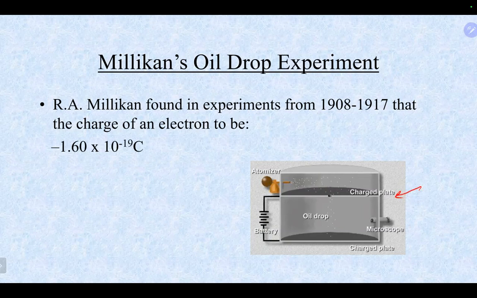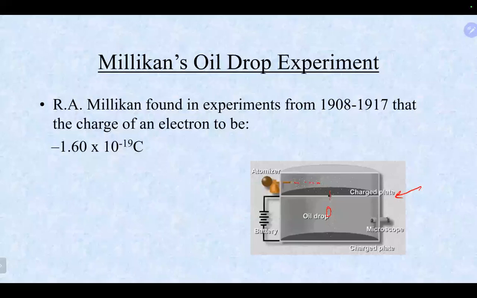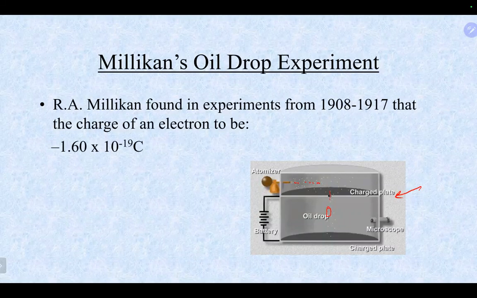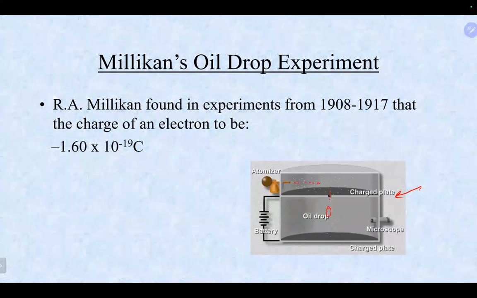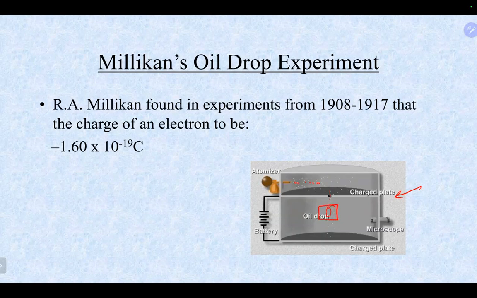He would shoot in his oil droplets here, and they would go through a little opening and start to drop naturally. As the droplets fell, they would gain a charge. He was able to adjust the electrical field in such a way that the oil droplet just hung there and wouldn't fall.